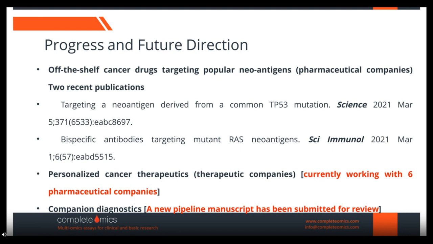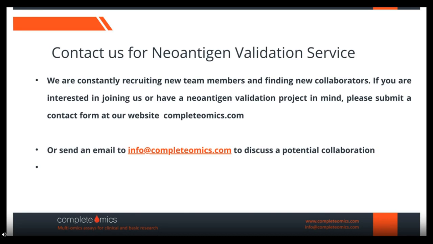The patients who can benefit most from personalized therapeutics are the ones that can be diagnosed early. So we built this new pipeline that could help to include more patients into this potential personalized therapeutics approach.